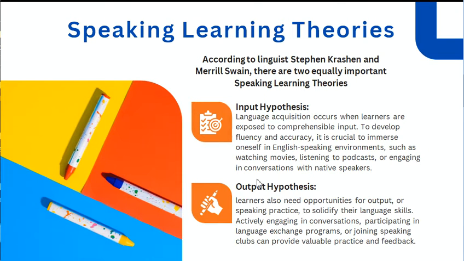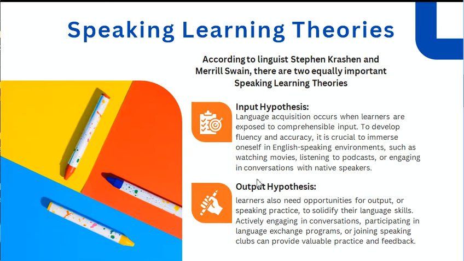That's about speaking learning theories. Learning theories are important for individuals to understand the principles and philosophies of how to learn things. In this context, we are talking about learning theories of speaking.